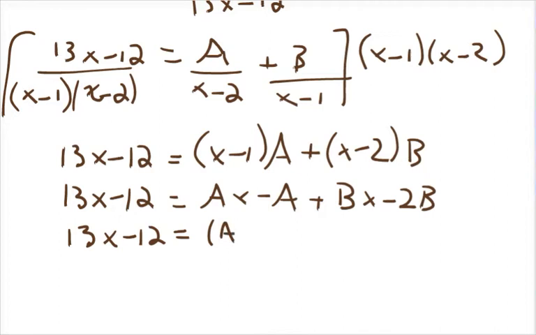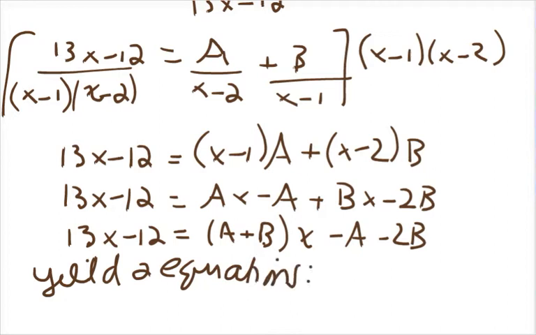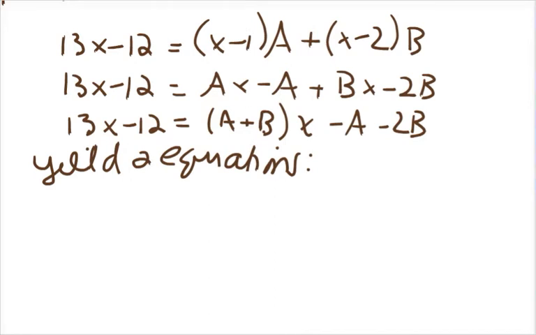Collecting the terms, we have A plus B times x minus A minus 2B. That's going to yield two equations. It's going to yield A plus B is equal to 13.